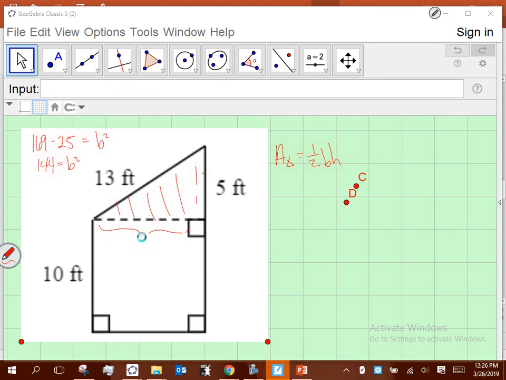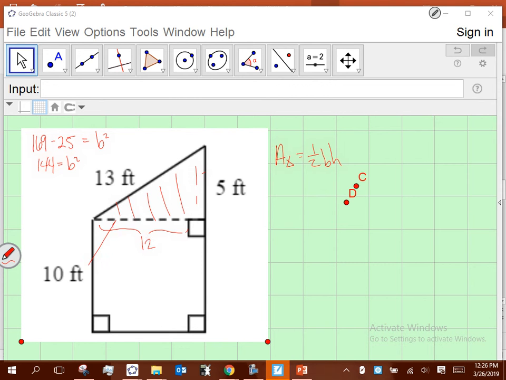So B would be 12. So 12, 5, and 13 are Pythagorean triples, much like 3, 4, and 5 are, right? If you've seen that enough, you could go straight to that 12, somewhat common knowledge. So that's 12.